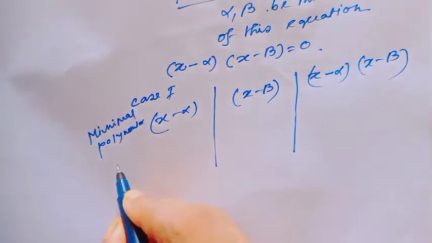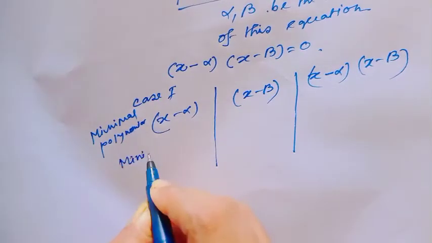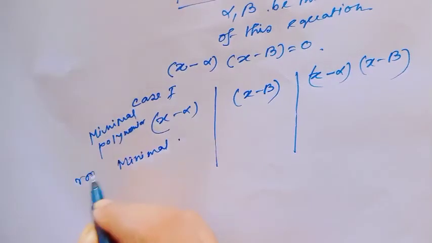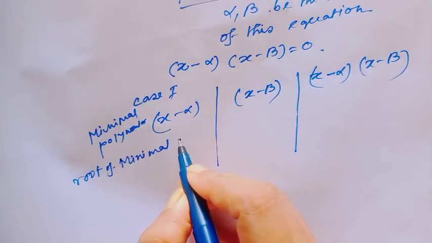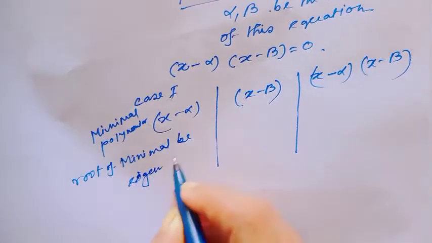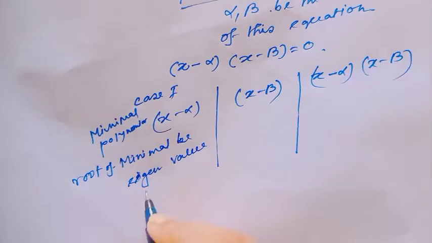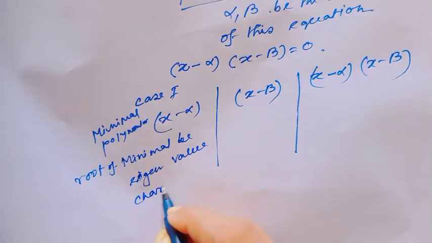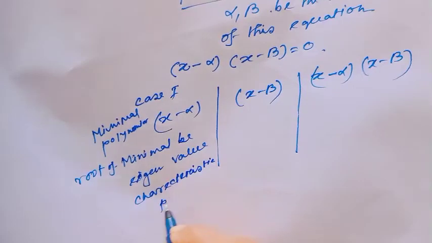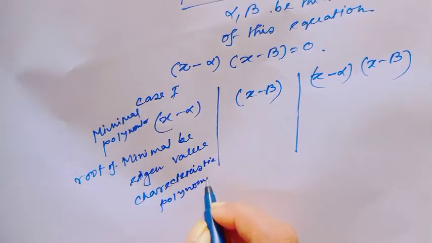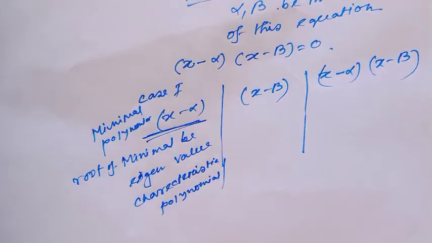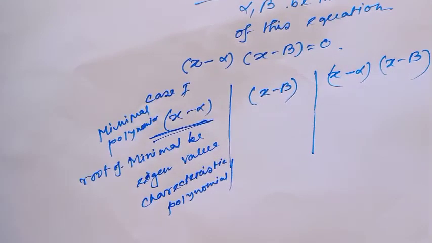Just remember, the roots of the minimal polynomial are always eigenvalues of the characteristic polynomial. From this equation we can tell alpha is a root of the characteristic polynomial.